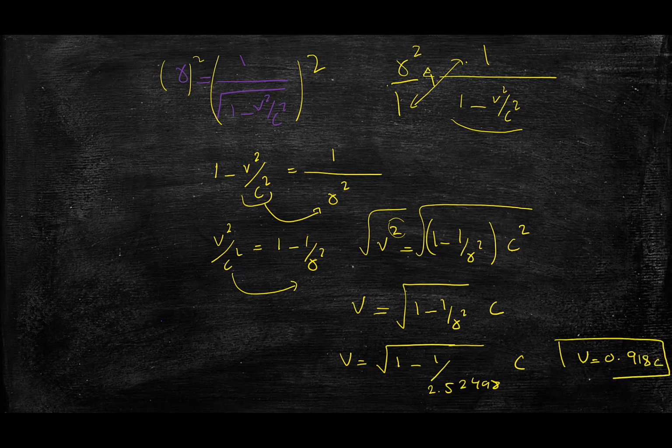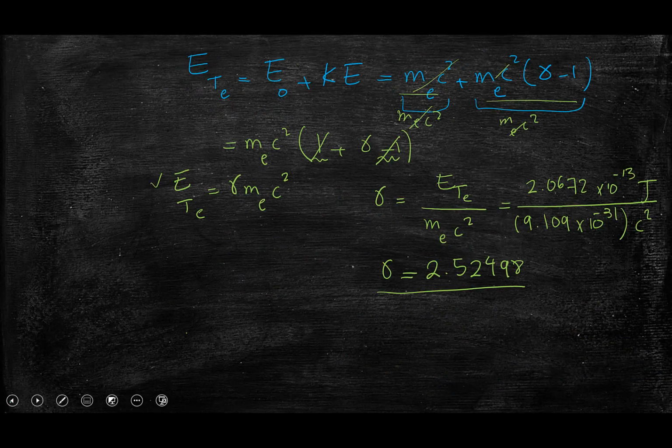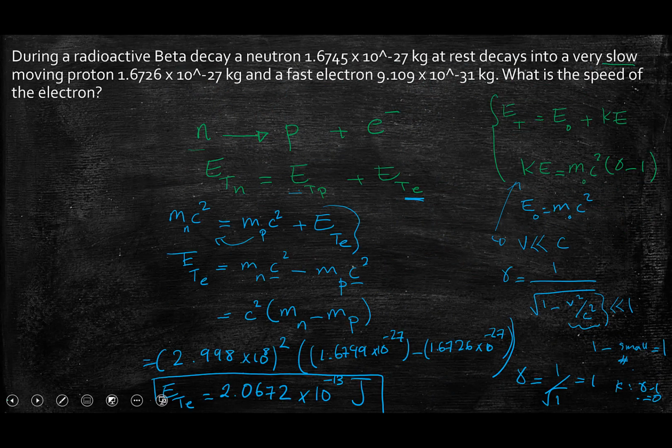So make sure you put these numbers correctly in the calculator so you get the exact same number as me. Now this would be the velocity of the electron as the neutron is going to decay into a proton and an electron.